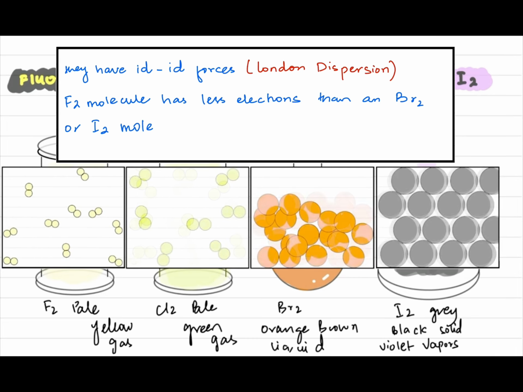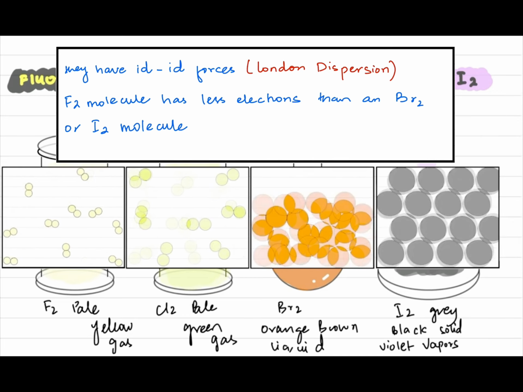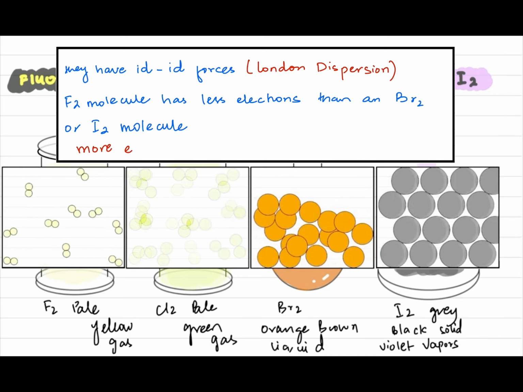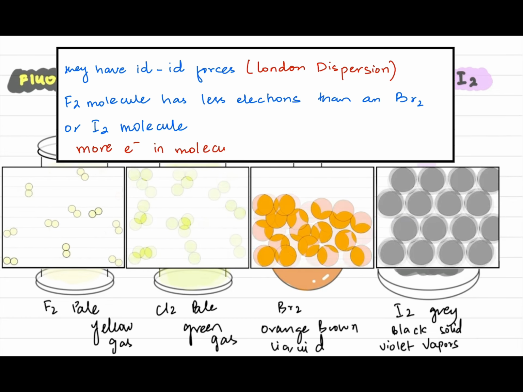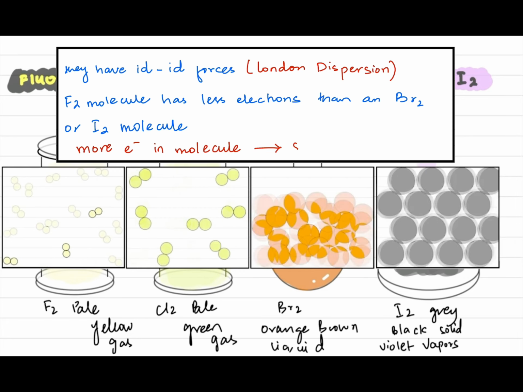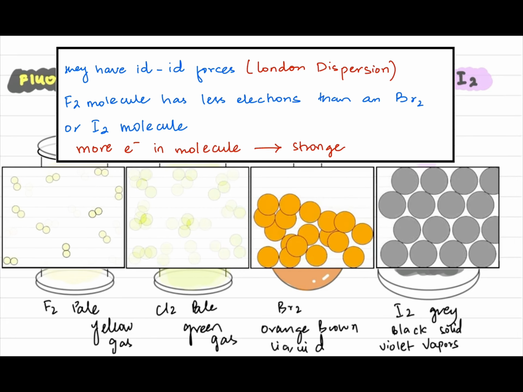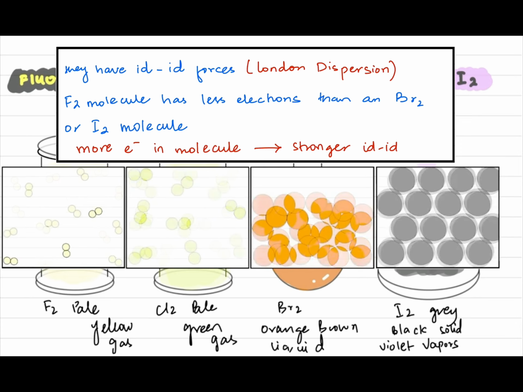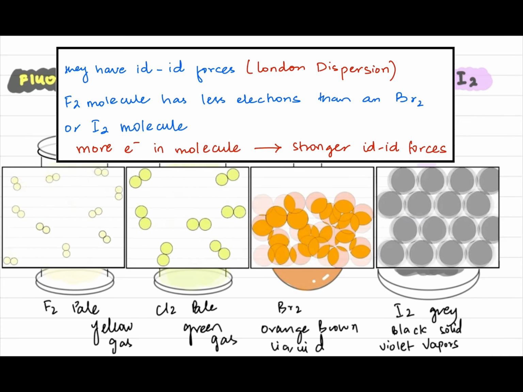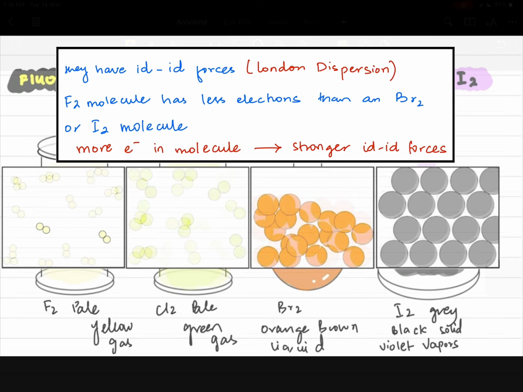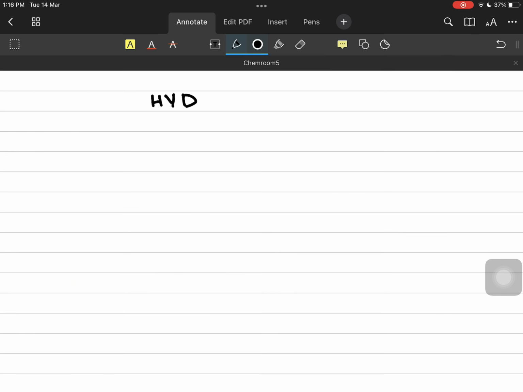So it has fewer electrons compared to a Br2 molecule or even an I2 molecule. That is why fluorine particles do not have very strong ID forces. So as a result, bromine and iodine have higher ID forces. Fluorine and chlorine have weaker ID forces, because more electrons in a molecule results in stronger ID forces. And that is why their boiling point increases.